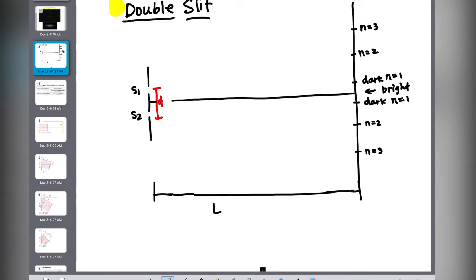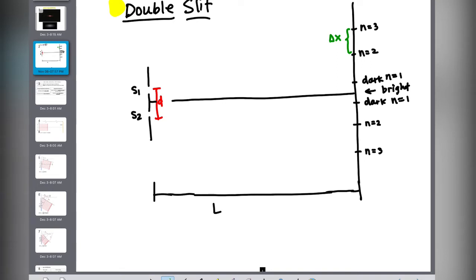The first thing you need to remember is that the distance between any two dark lines, the nodal lines, we call delta x. Between any nodal line, that's a delta x.